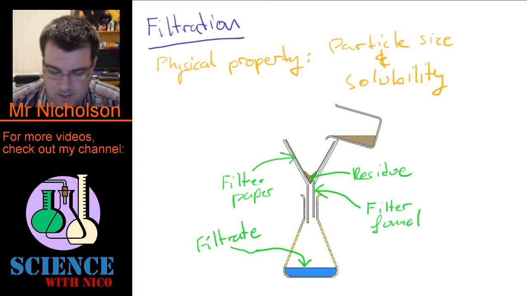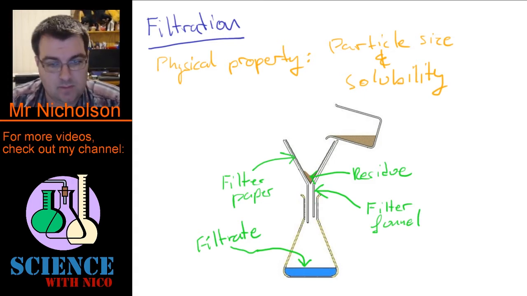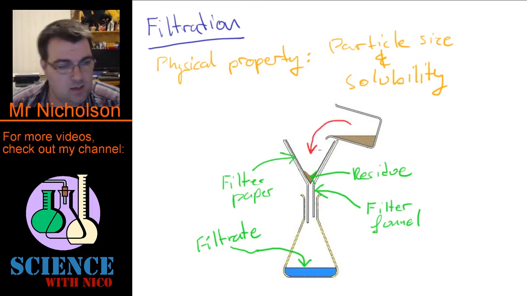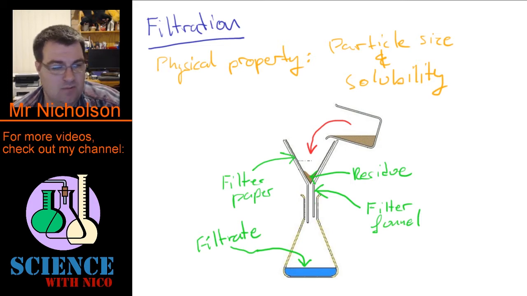In a nutshell, we take our mixture and feed it down from a container such as a beaker into our filter funnel where we have a filter paper, preferably fluted.